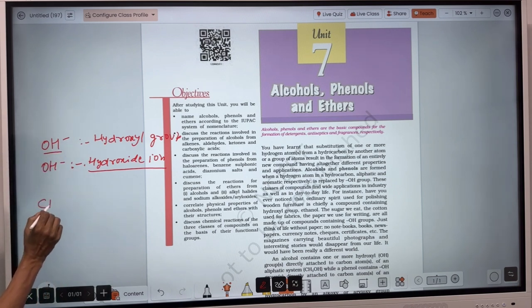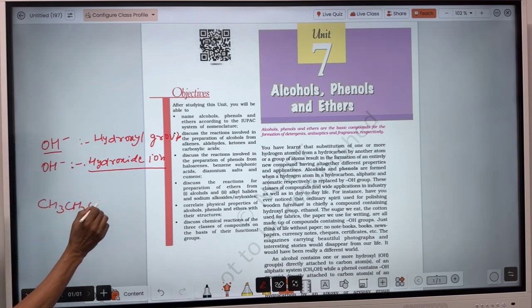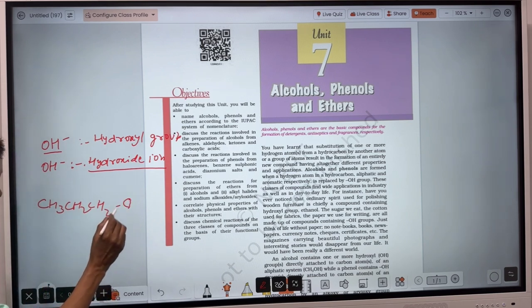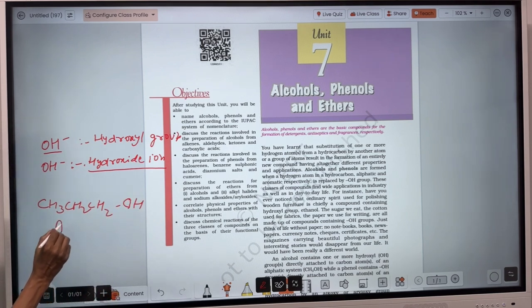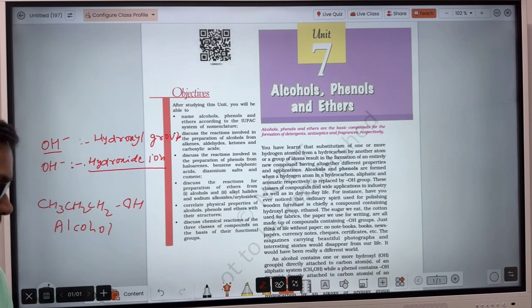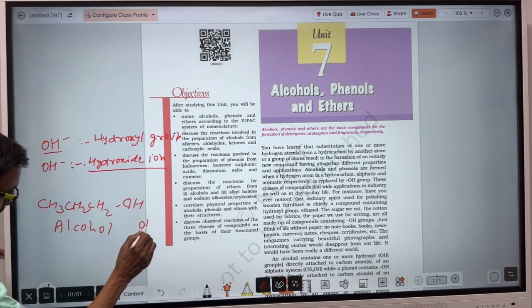When this hydroxyl group is bonded to an open chain hydrocarbon, that means an aliphatic hydrocarbon, then that will be called alcohol.